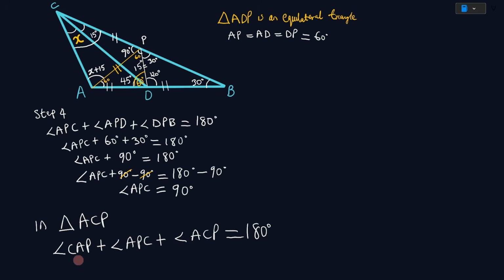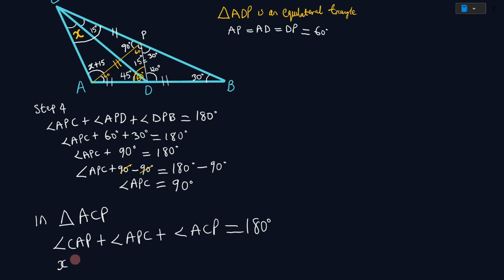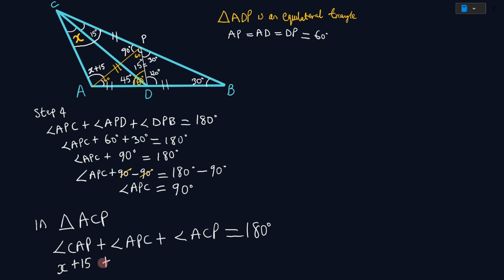So what is angle CAP? CAP is still the same thing as angle ACP. So CAP is x plus 15, x plus 15 plus, what is angle APC? Angle APC is 90 degrees, plus 90 degrees plus, what's angle ACP? Angle ACP is still x plus 15, equal to 180 degrees.